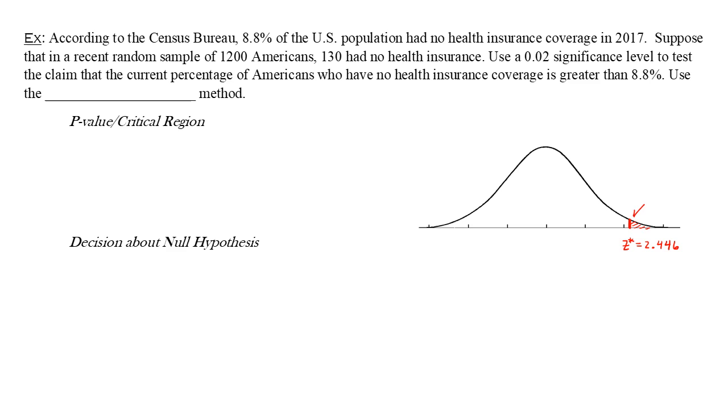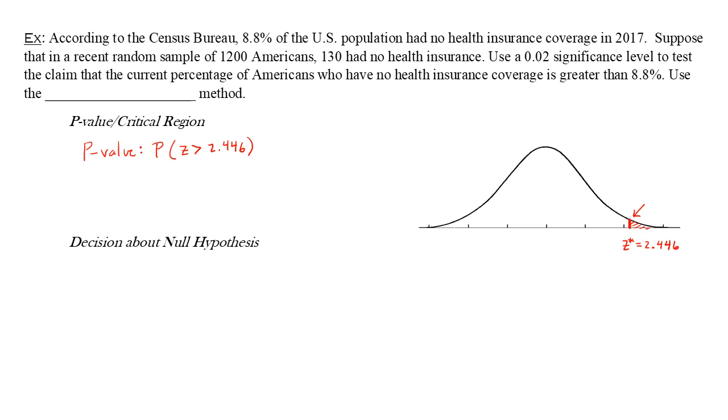So what we want to find now is the p-value, which is the area of that region. So to calculate the p-value, well, we'll use the standard normal distribution and figure out what's the probability that we get a z that's greater than that, which we know how to do.